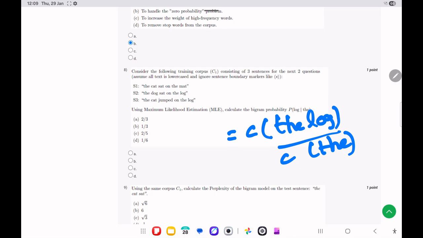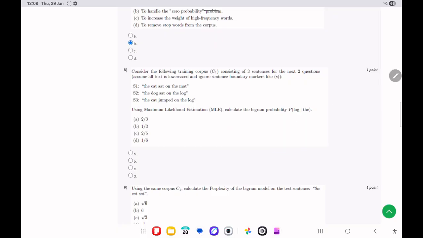Additionally, in the fourth problem we will have +1 here, and the vocabulary terms will be coming at the denominator. Here we have to calculate only the count of "the log" divided by the count of "the". So "the log" appears two times, and the count of "the" is 1, 2, 3, 4, 5, 6.